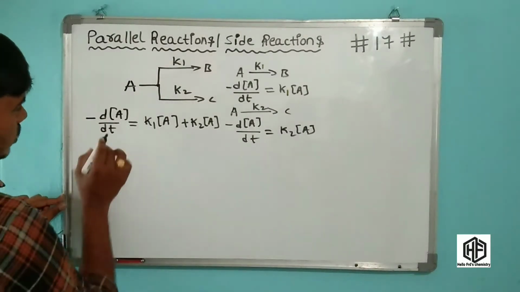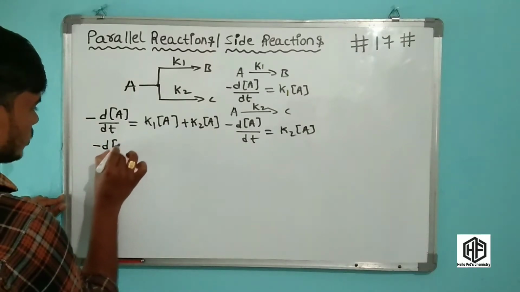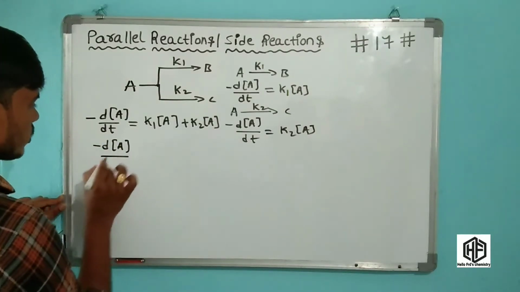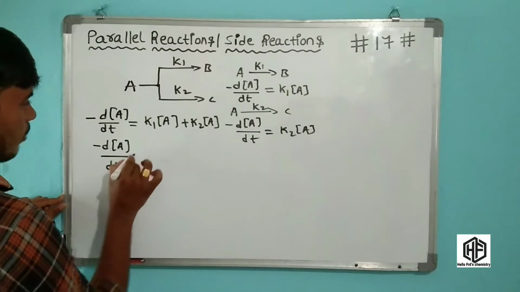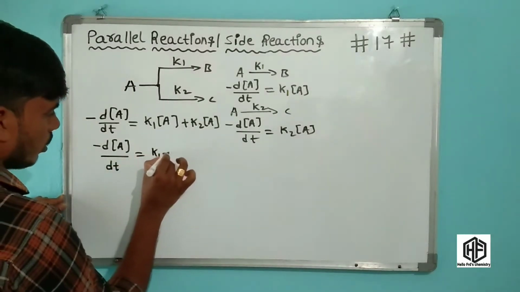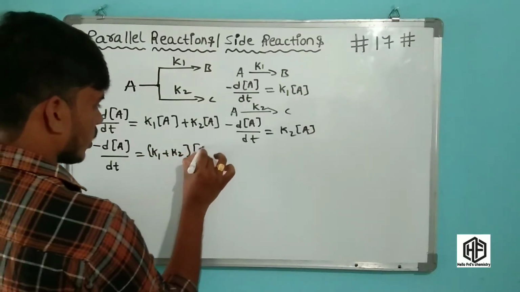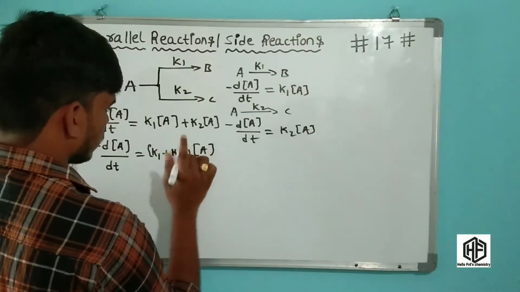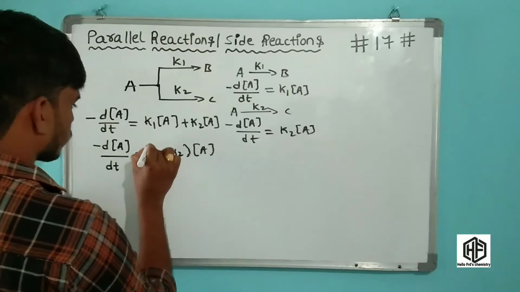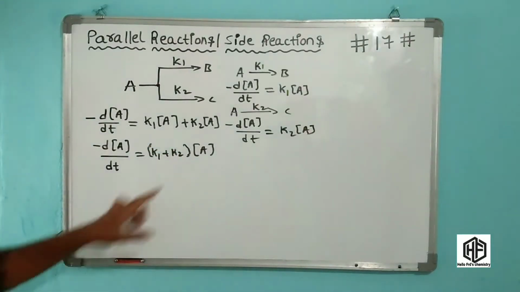Now this expression: minus d[A] by dt is equal to K1 plus K2 into the concentration of A. This is the expression present here.